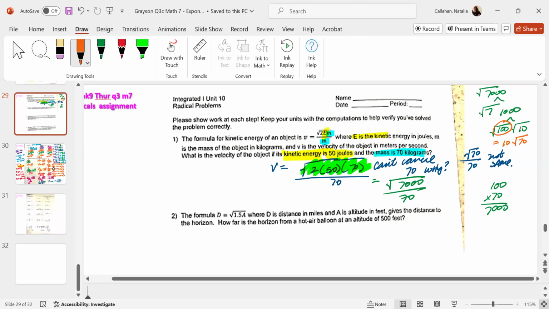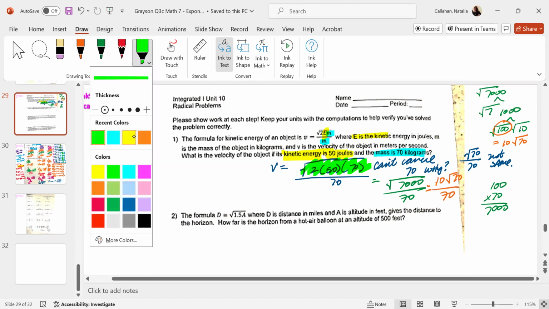Equals. This right here is going to be 10 square root 70 over 70, right?